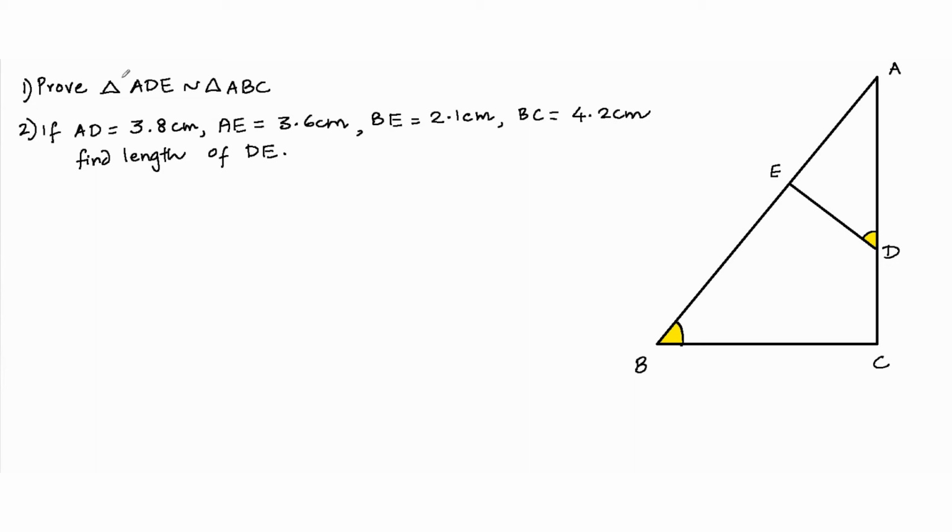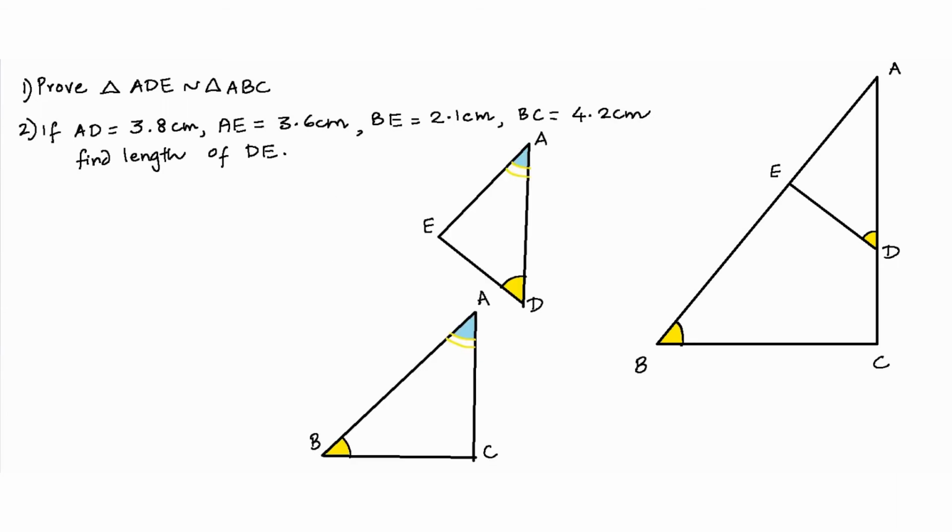Now I need to prove that triangle ADE and ABC are similar. Let me quickly draw the two triangles separately so that we can visualize it better. I have drawn these two triangles individually, and I have kept the alignment the same with respect to the original diagram.